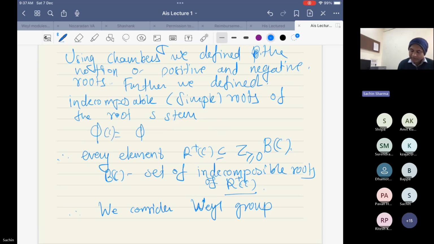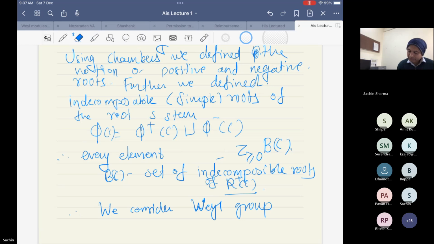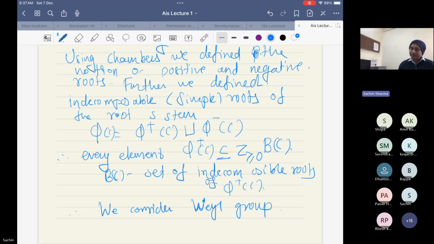Phi of C is phi plus of C, disjoint union phi minus of C.